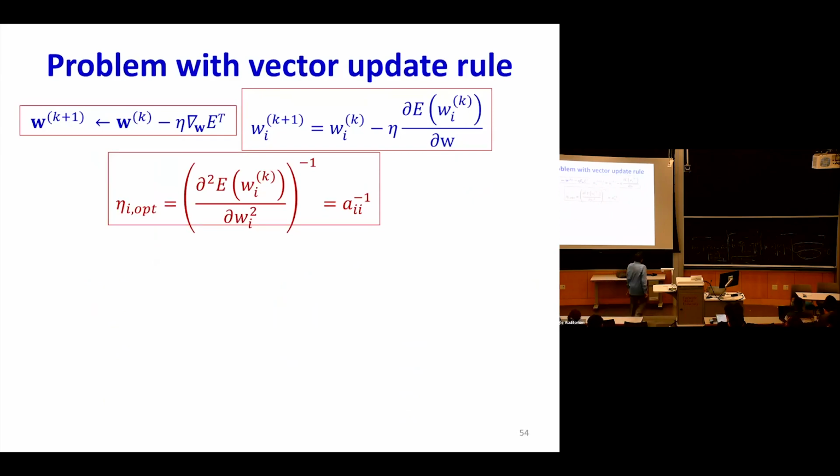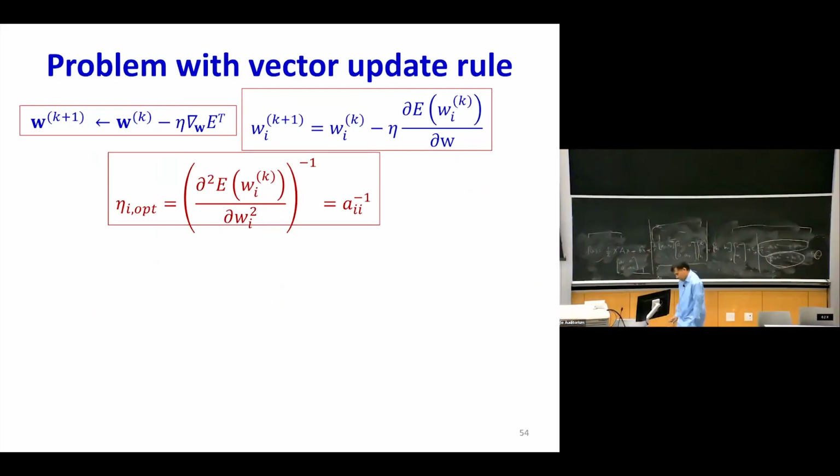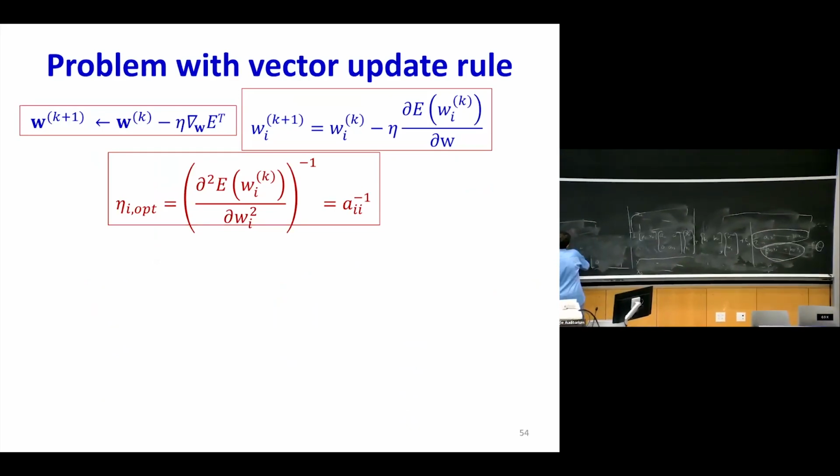So I'm going to separately draw the function as a function of the first variable and as a function of the second variable, because we know that we can treat those two bowls independently, right?